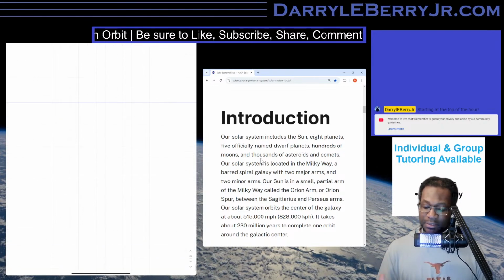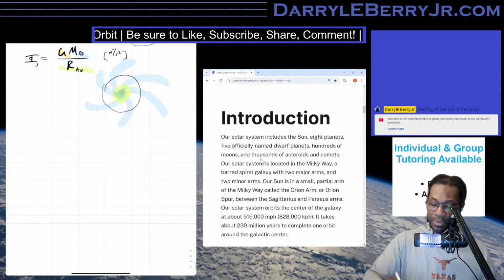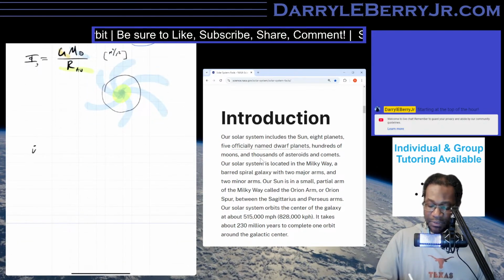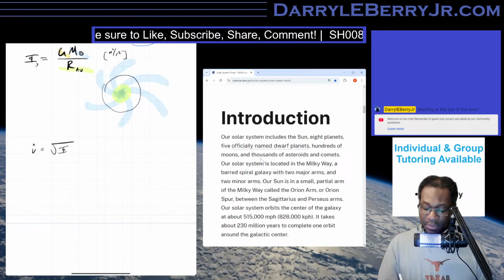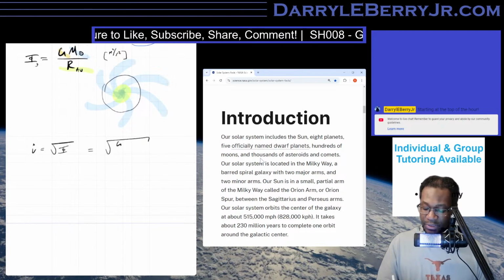So let's look at this. V equals square root of psi, really going to be square root of G M sun or a galaxy.